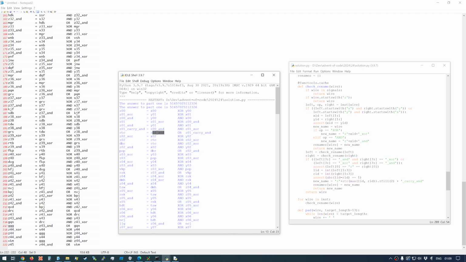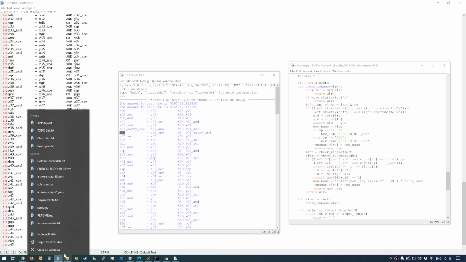So if we got that, if we've got either of those, then this ends up being Z02 and. Or is this the... Wait, what is this? RTC is going to be... Go back to this one.